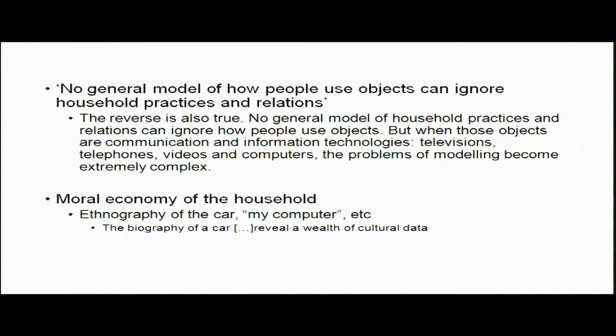But when those objects are communication and information technologies such as televisions, telephones, video and computers, the problems of modeling become extremely complex. So again, the role of the actor network theory becomes increasingly important here, as we try to understand that the relationships we have with the non-human artifacts, the non-human things, technologies, are powerful enough to redefine these relationships, and how that happens is socially contextual.